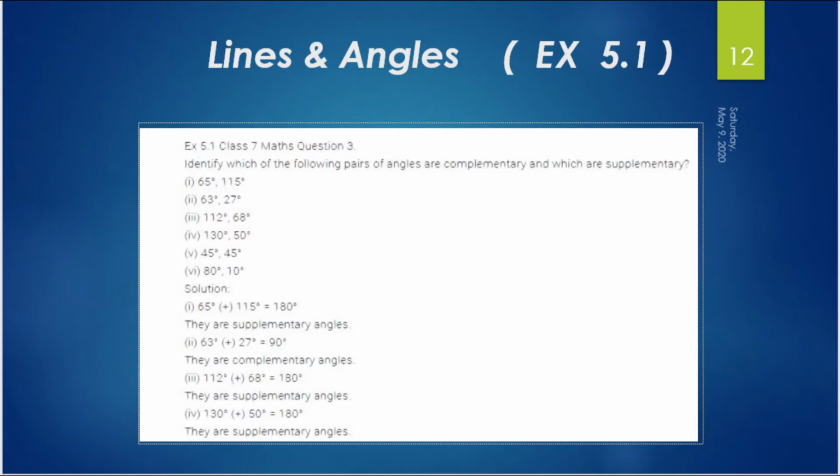If their sum comes out to be 90, then they are complementary. Similarly, 63 plus 27 is 90, they are complementary. 112 plus 68, the sum is 180, they are supplementary. And 130 plus 50 is 180, they are supplementary angles. Similarly, the 5th and 6th parts you can try yourself.